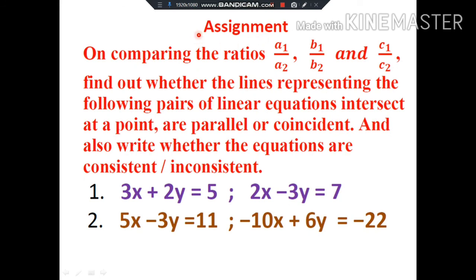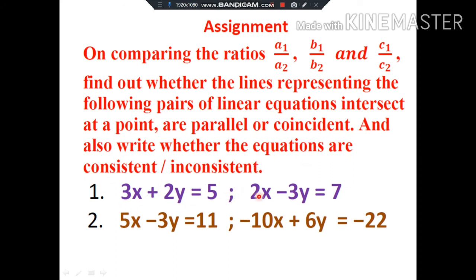Dear children, note down the assignment. On comparing the ratios a1 by a2, b1 by b2 and c1 by c2, find out whether the lines representing the following pairs of linear equations intersect at a point, are parallel or coincident, and also write whether the equations are consistent or inconsistent.